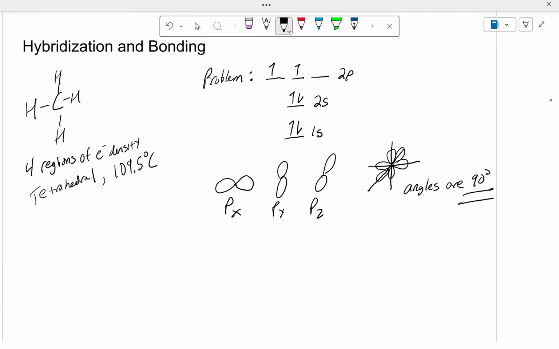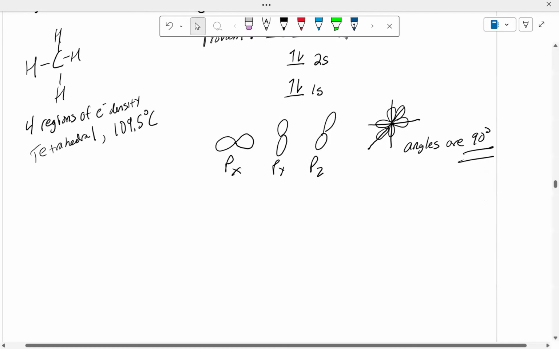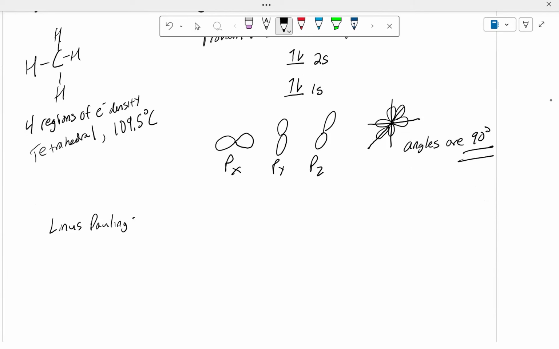So how is it that an atom with p orbitals arranged at 90 degrees, when it bonds, magically, quote unquote, has a bond angle of 109 degrees? That doesn't make sense.